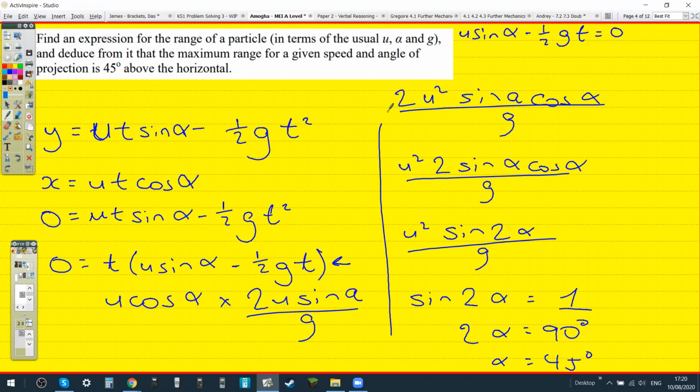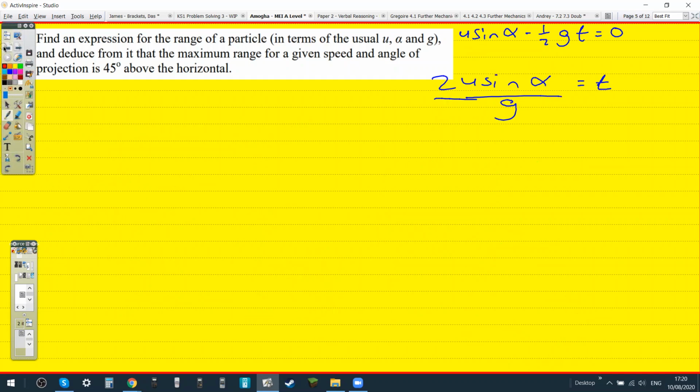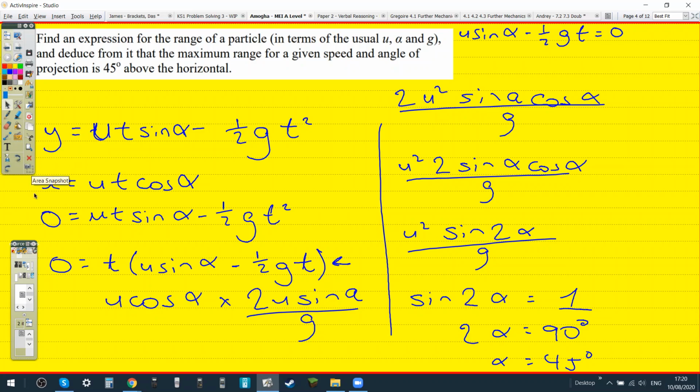2u sine alpha over g. Sub that in for t into the x. Is that right? Instead of t. Yes. So hold on. 2u sine alpha. So we want that.